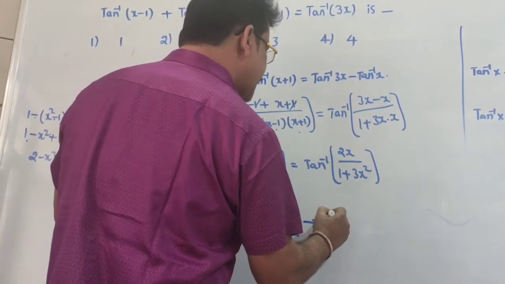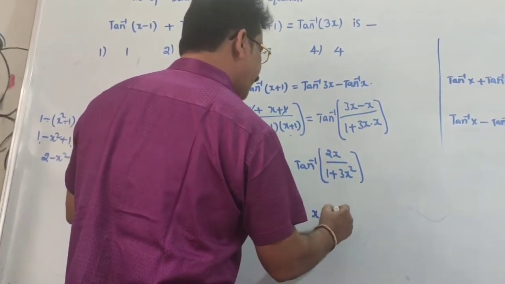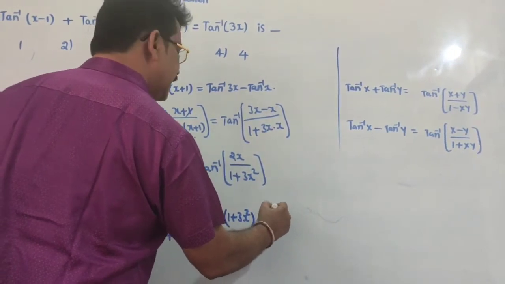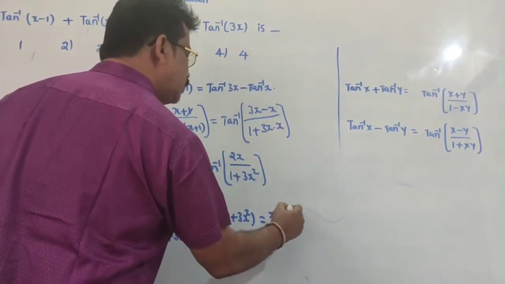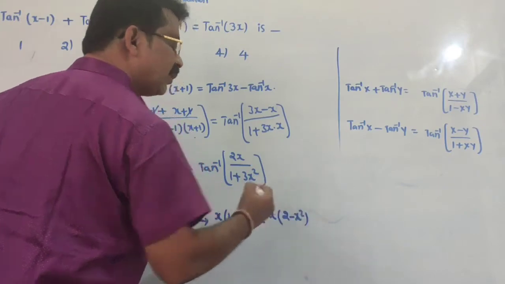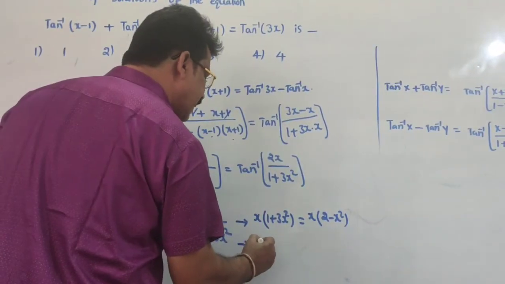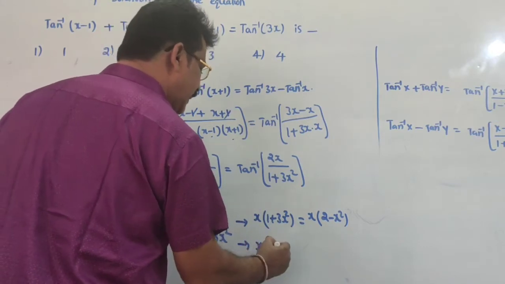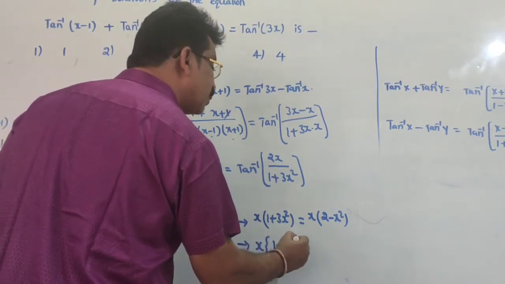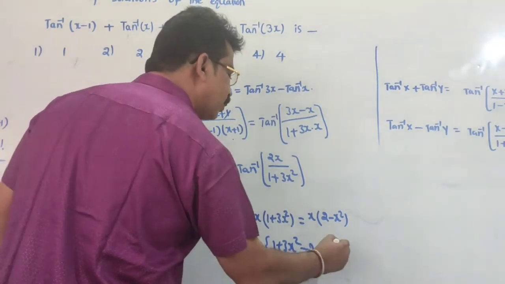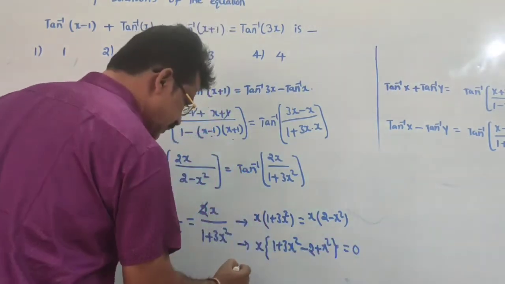It can be x into 1 plus 3x square equal to x into 2 minus x square by cross multiplication. So that implies here x common. It is 1 plus 3x square minus 2 plus x square, that equal to 0.